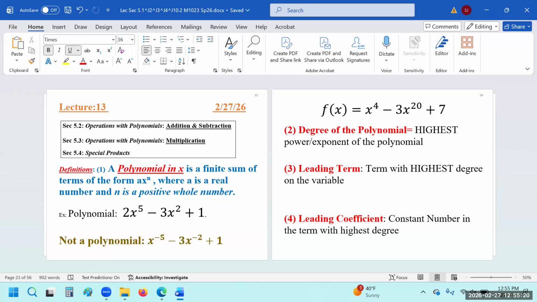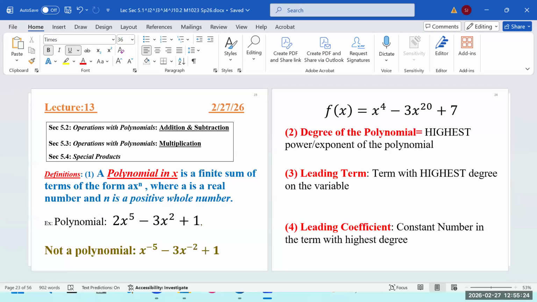So in 5.1, we talked about exponent rules. And in these 3 sections, there are no more exponent rules directly, but we are going to apply those rules a little bit to add, subtract, and multiply polynomials. Now you may wonder, what is a polynomial? Well, I told you before in our first exam, but I'm telling you again, polynomial has only one special characteristic.